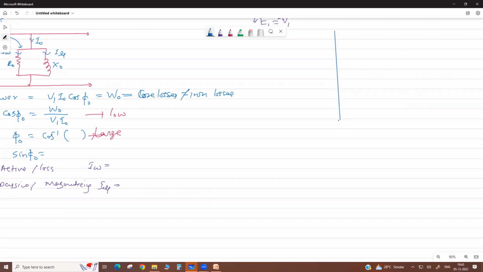This is suppose your supply voltage V1. Now suppose this is your horizontal axis. Now, you know, at no load, your no load current lags this V1 voltage at a very large angle. So this is your large angle, phi naught. Now here, this is I naught. Now it has two components.